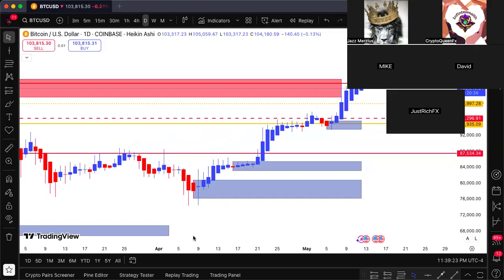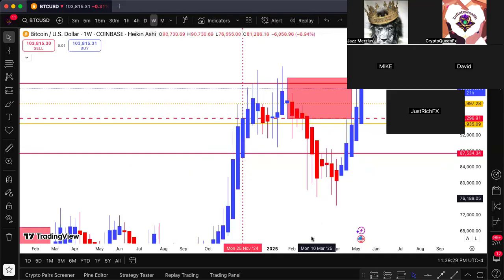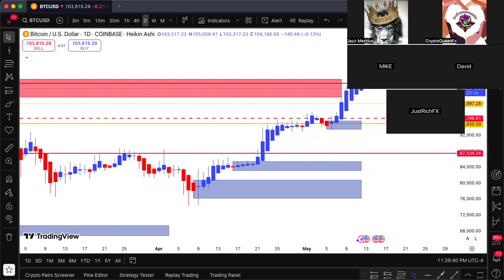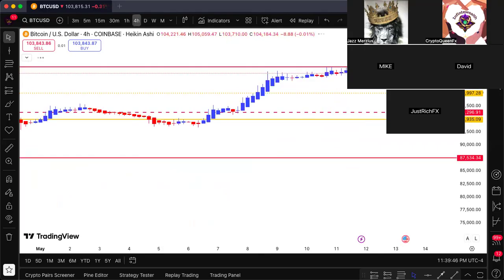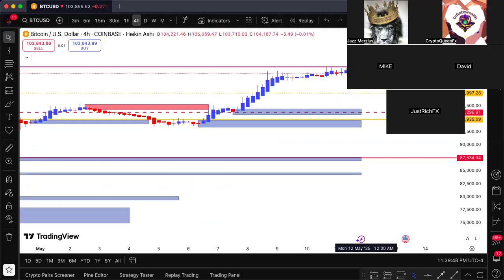So we got Bitcoin at a weekly order block here. But what it's looking like, based off of how this engulfing came out with Bitcoin, is it is hovering around the top. That's a weekly daily order block that is in a sell order block. And it is short, the way it's hovering like this.